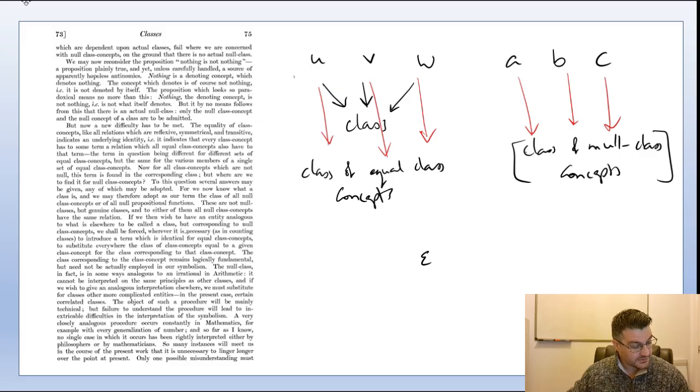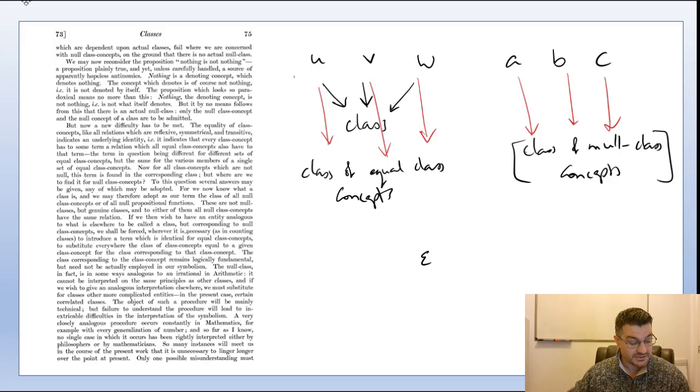Right, so the null class, in fact, is in some ways analogous to an irrational in arithmetic. It cannot be interpreted on... oh, right, no, I've read that. So, the object of such a procedure will be mainly technical, but failure to understand the procedure will lead to inextricable difficulties in the interpretation of the symbolism.